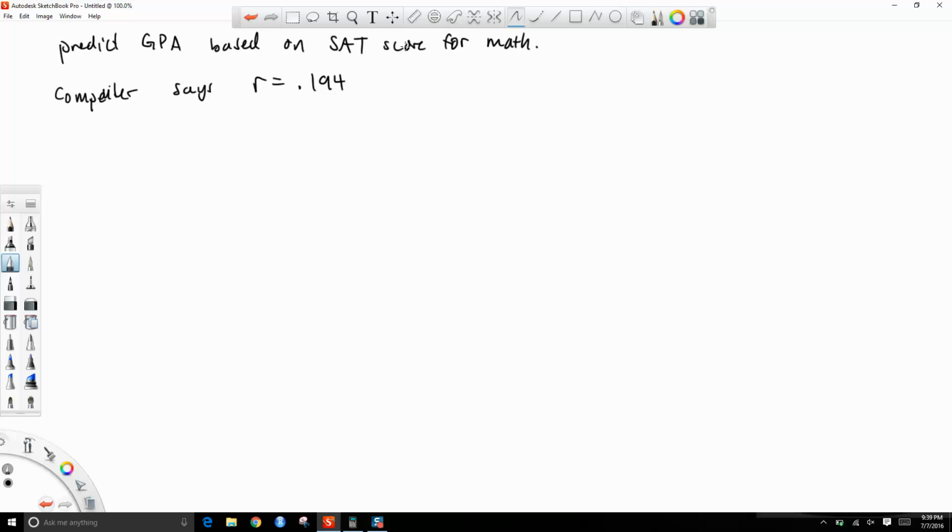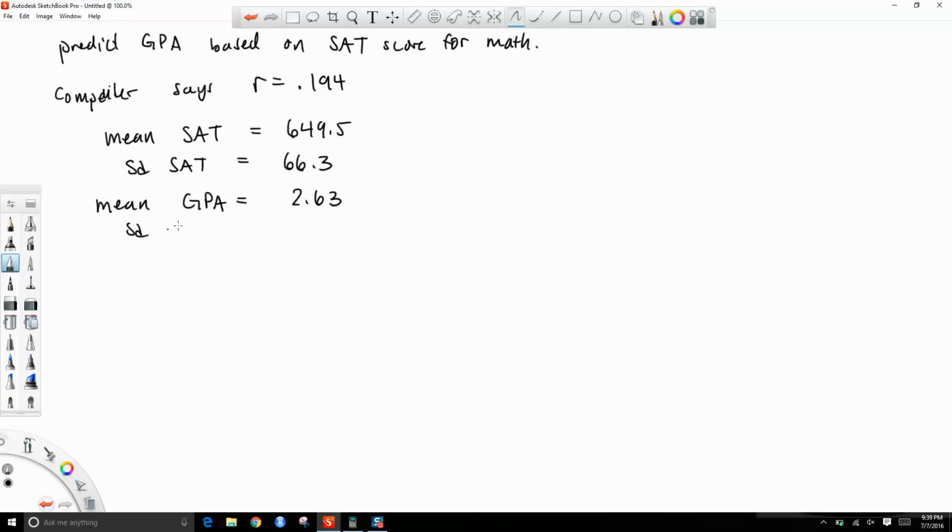Then you find the mean SAT score is 649.5 with a standard deviation of SAT scores of 66.3. The mean GPA is 2.63, and the standard deviation for GPA is 0.580.